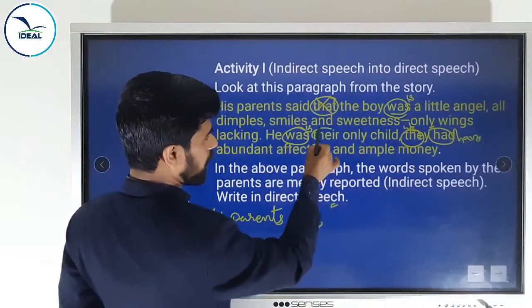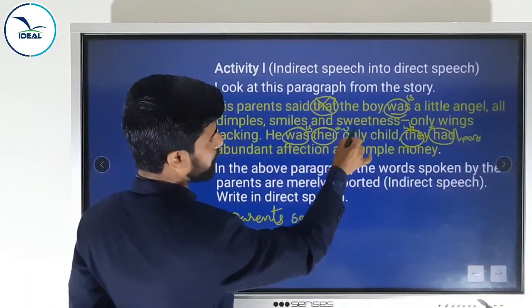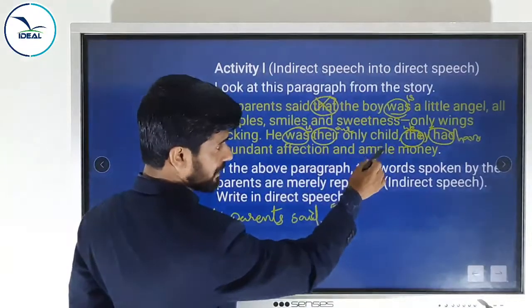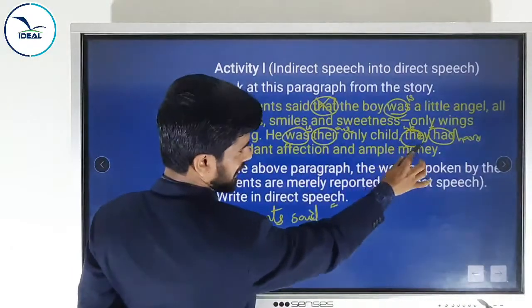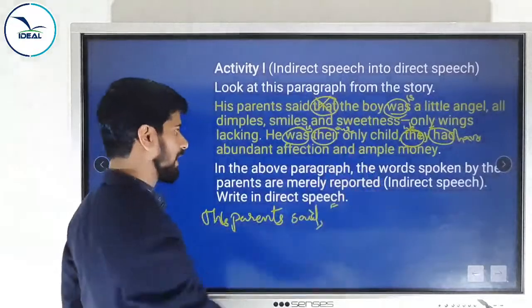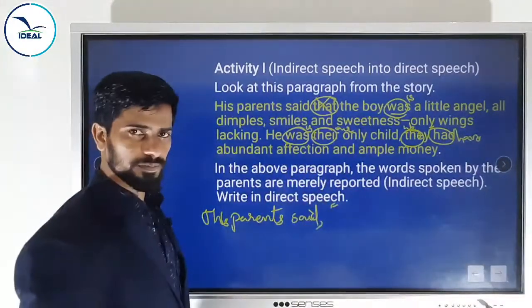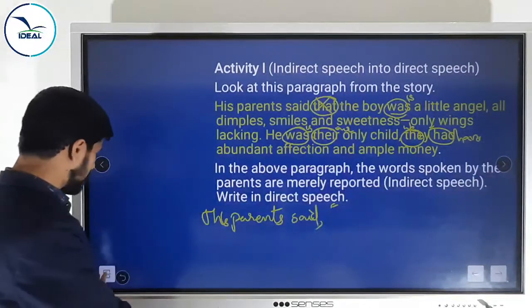He is our only child. The parents say this, right? So instead of their, you can write our only child. They had. So we have. He is the only child we have. We have abundant affection and ample money. Okay, that's how we convert this sentence.